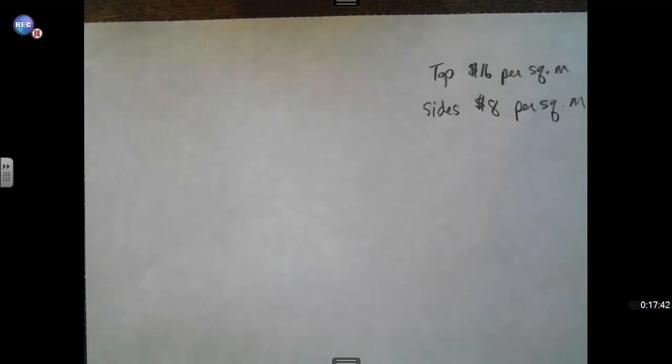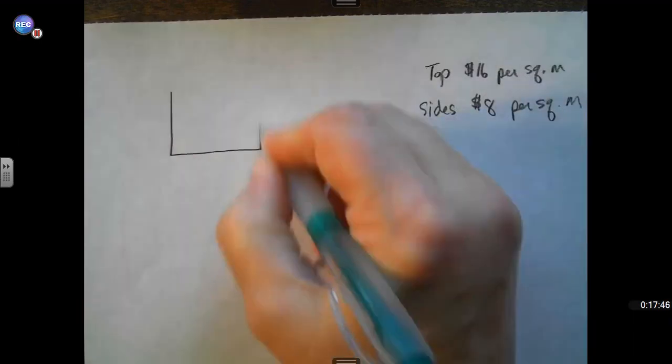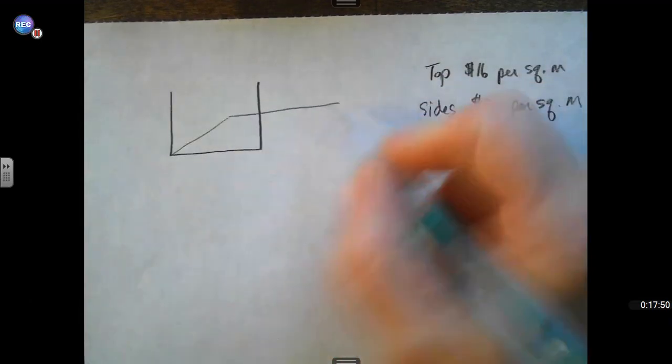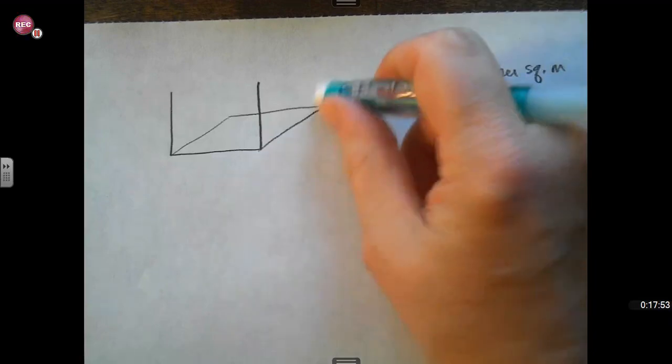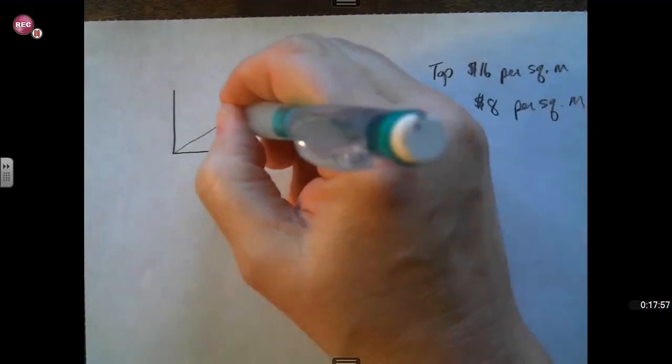Okay, and what we have, as it says, we have a square box or a square base. I got way out of proportion. We have a square base that does have a lid.